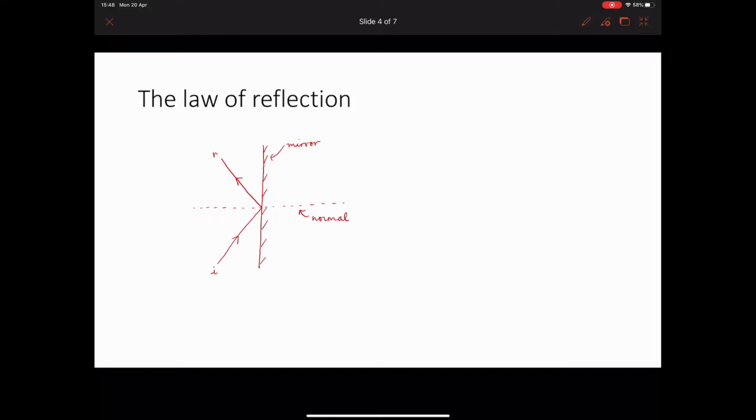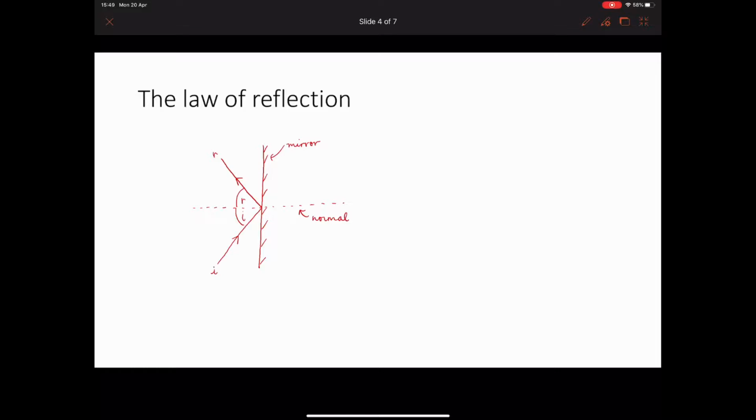So we would take our protractors and we would measure this angle here, which we will call the angle of incidence, and this angle here, which we call the angle of reflection. Now we would do that using our protractor. Once we've found those angles, what we should know is that those two angles are actually equal to one another.